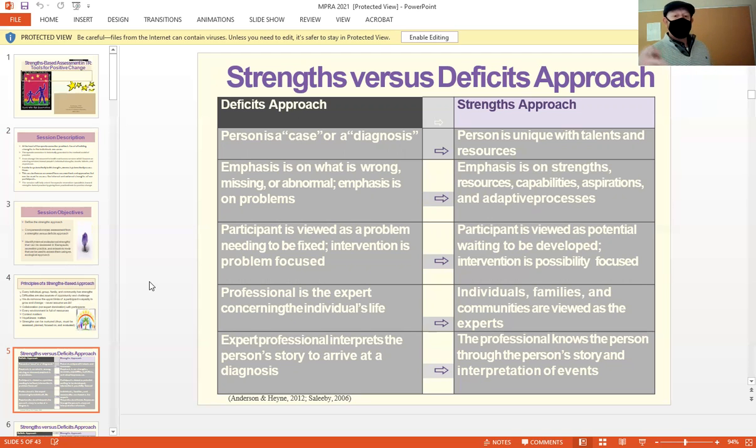In the deficits approach, the expert professional interprets a person's story to arrive at a diagnosis. To a certain degree, yes, we have to do that. That's what assessment is about. We're trying to figure out exactly where we stand. It doesn't have to be a diagnosis per se. A better way to look at it is that the professional gets to know the person by learning the person's story, by learning their background, and through interpretation of the events by talking with and working with the client, with the family, with people that know the individual.